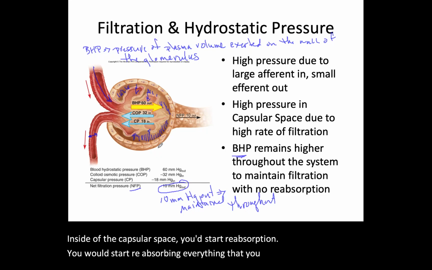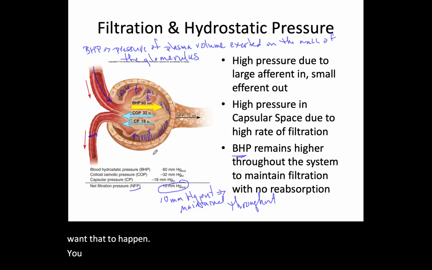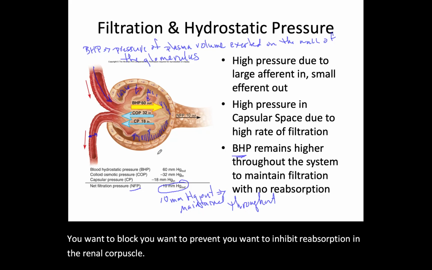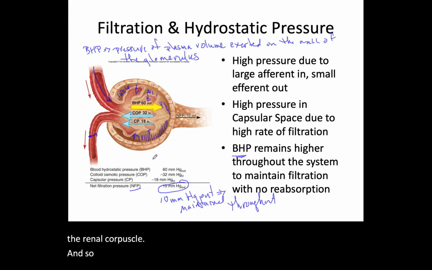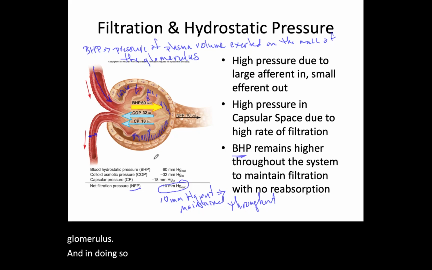You don't want that to happen. You want to block, you want to prevent, you want to inhibit reabsorption in the renal corpuscle. And so you have to maintain higher blood hydrostatic pressure through the glomerulus. And in doing so, you maintain filtration throughout.